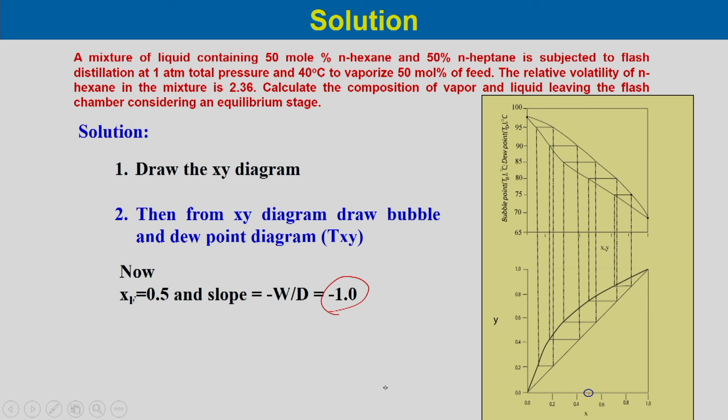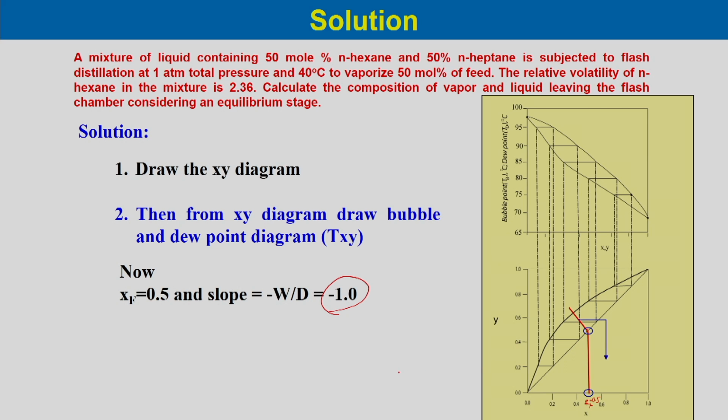Then we go vertically and locate the point on the 45-degree diagonal of the xy diagram, which corresponds to ZF equal to 0.5.